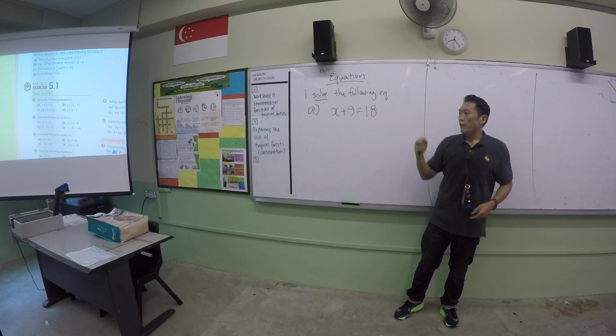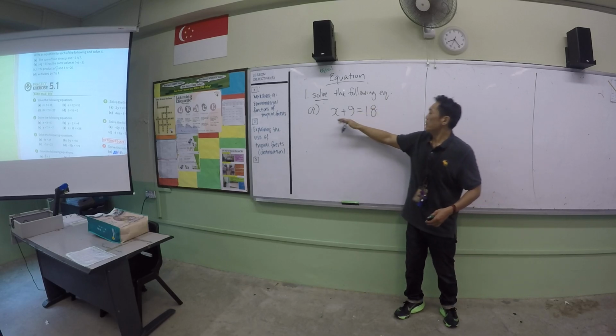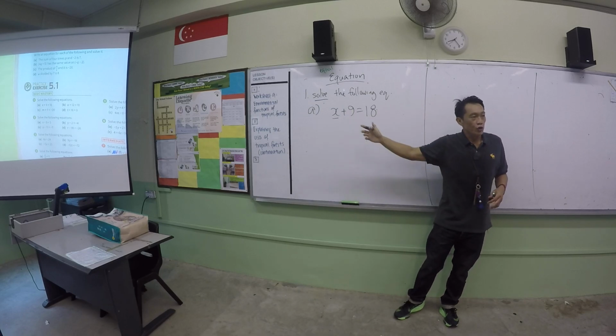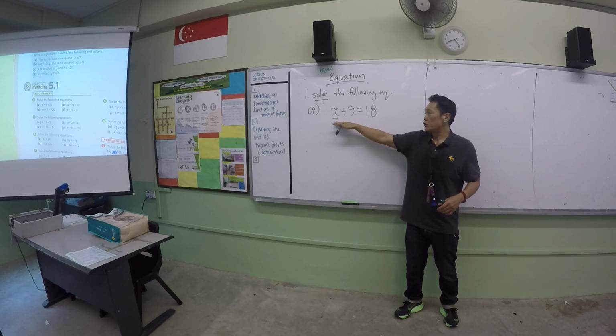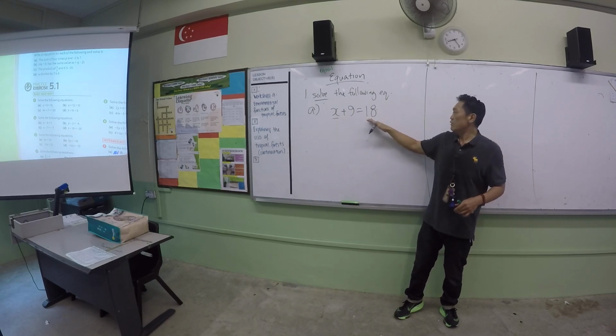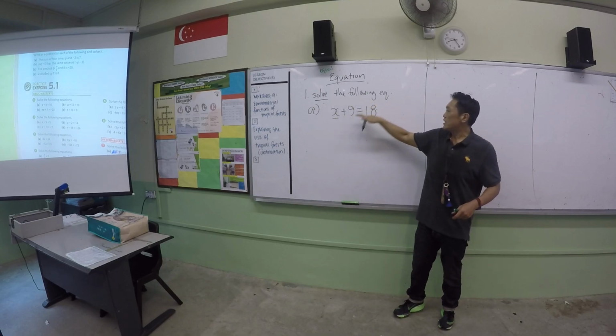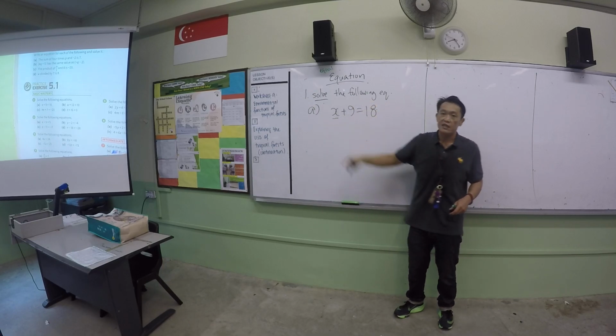So when they say solve the equation, it means we want to find out the value of the unknown, the value that at first we don't know. 9 we know already, 18 we know already. We only don't know what is x. So solving the equation means we want to find out what is this unknown.